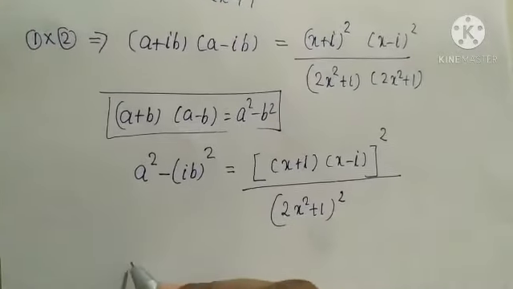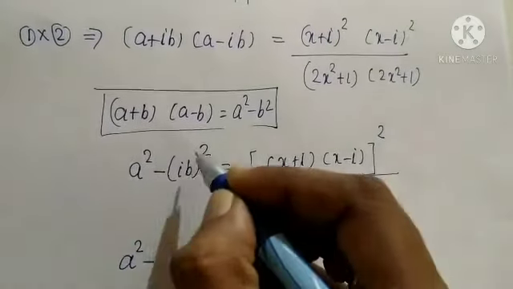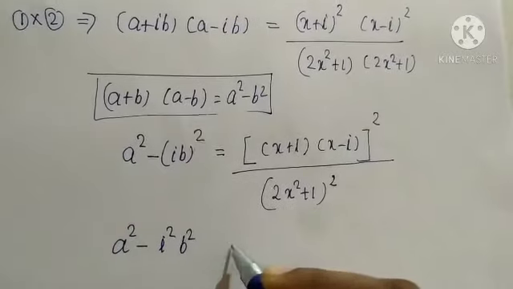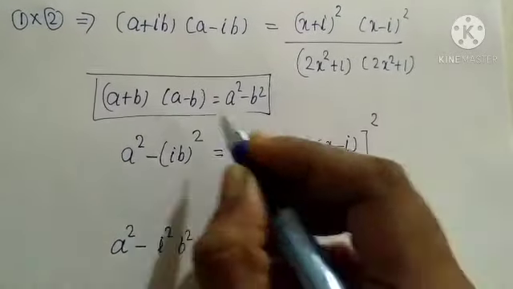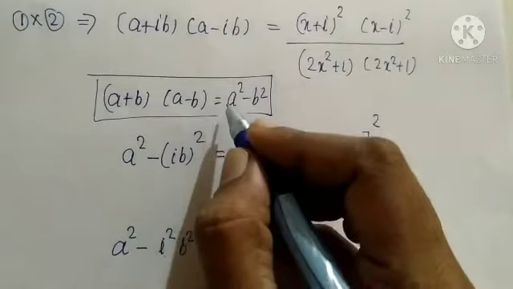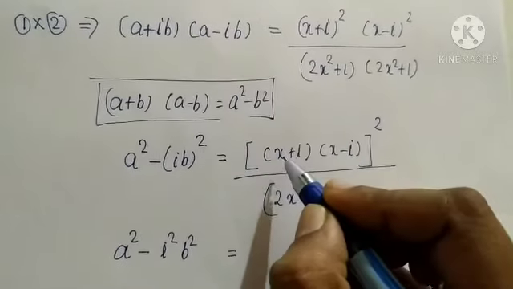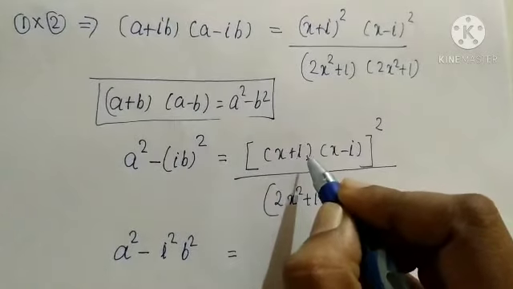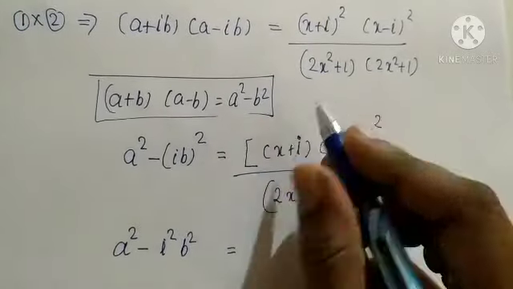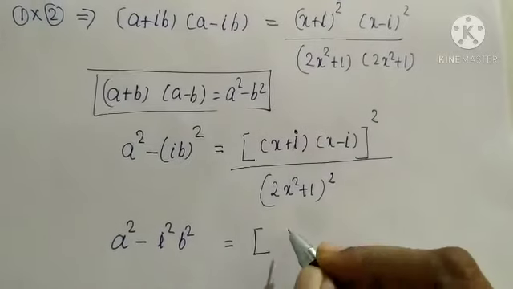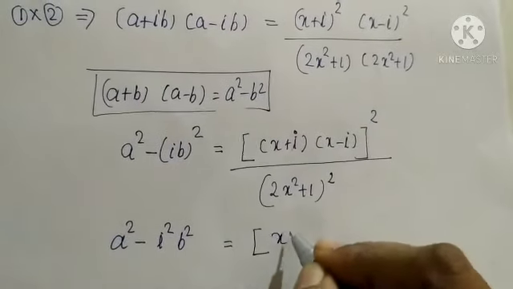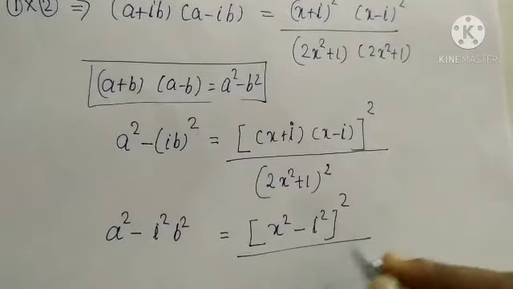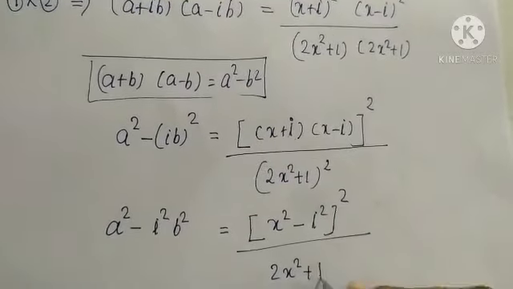Okay, so here on the LHS, a square minus, taking this square inside the bracket, it will become i square into b square. Equal to, here also this is the same as the formula a plus b into a minus b. Replacing a by x and b by i, it changes to x square minus i square, and also write this square here, divided by 2x square plus 1.